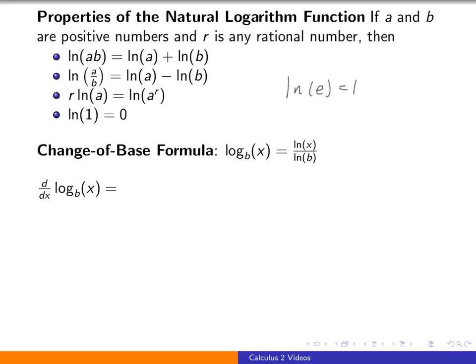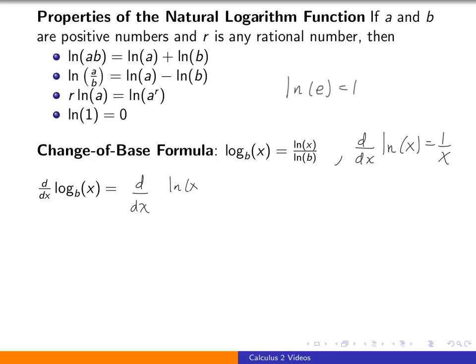With that in mind, and if we remember our formula for differentiating the natural log, we should be able to differentiate, just for fun at this point, the derivative of log base b of x. We can do so by rewriting it using the change of base formula.